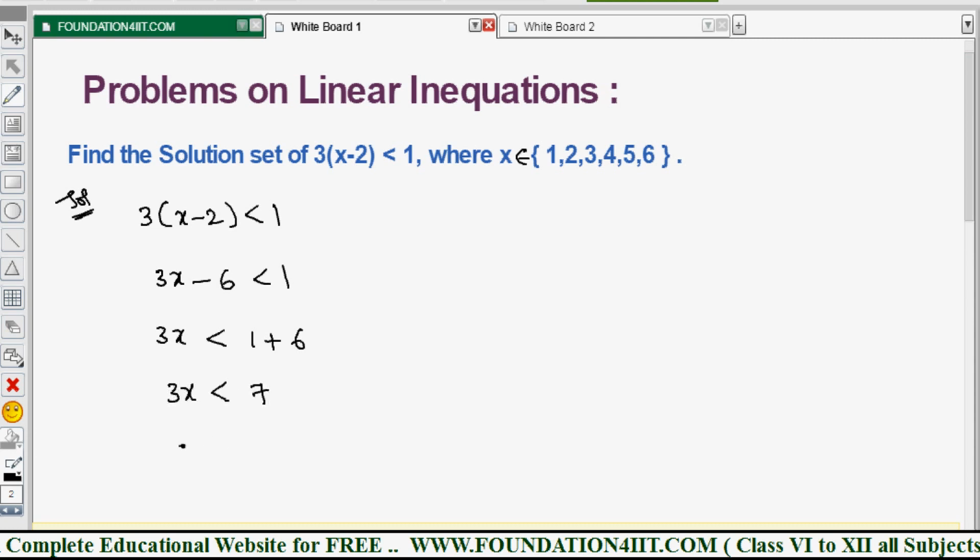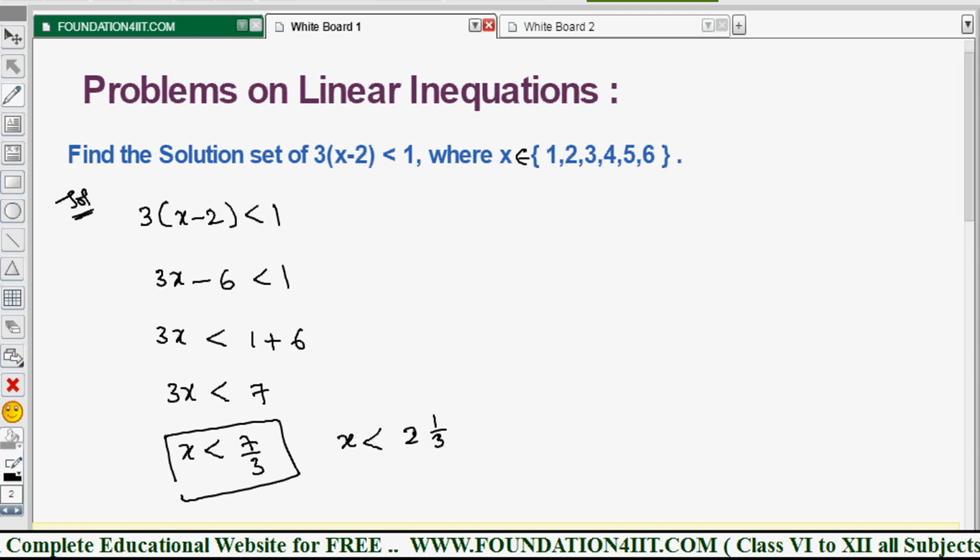From this, x is less than 7 by 3, so divide by 3 on both sides. That means x is less than 7 by 3. If you convert 7 by 3 into a mixed fraction, x is less than 2 1 by 3, because 3 times 2 is 6, plus 1, so 7 by 3.